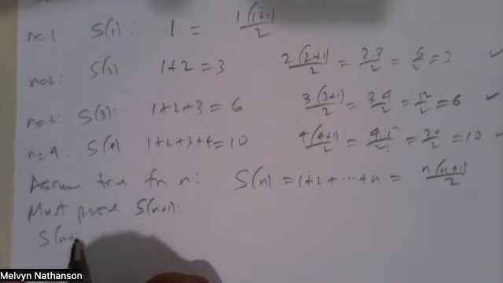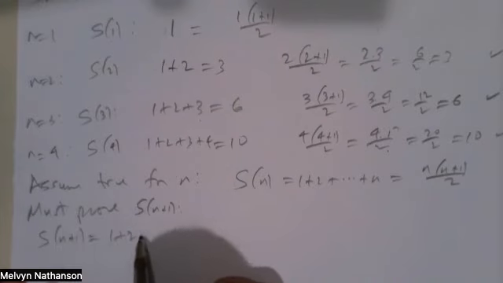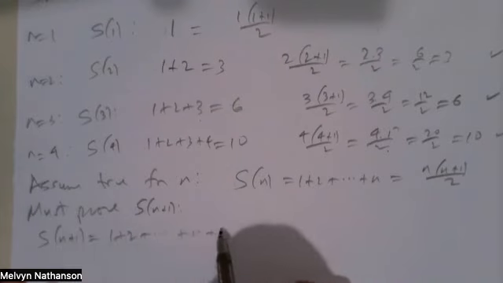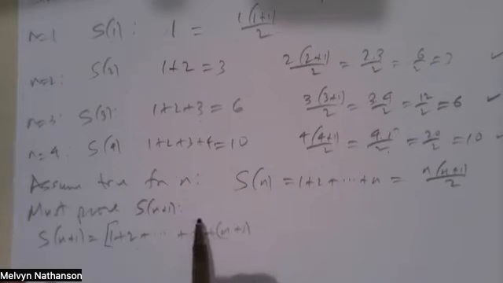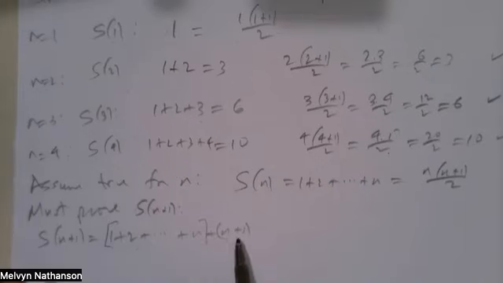What is S of n plus 1? This is the sum of the first n plus 1 integers. The sum of the first n plus 1 integers is the sum of the first n integers plus n plus 1.